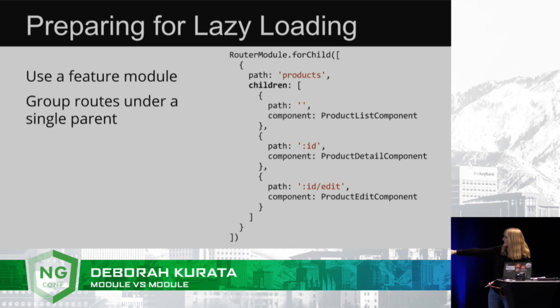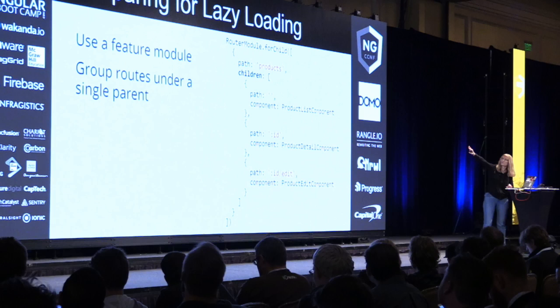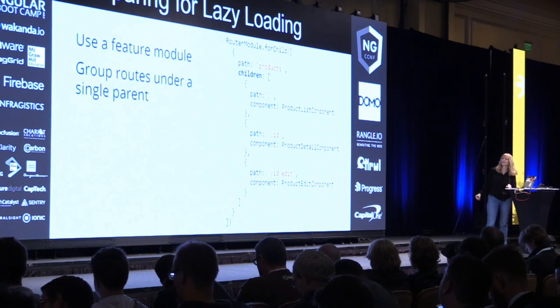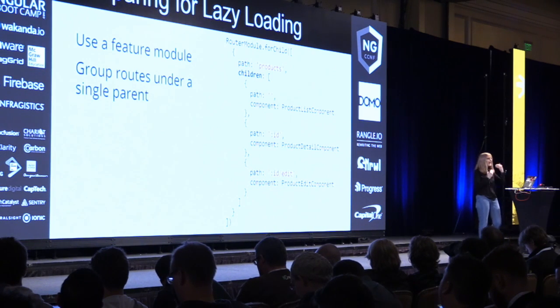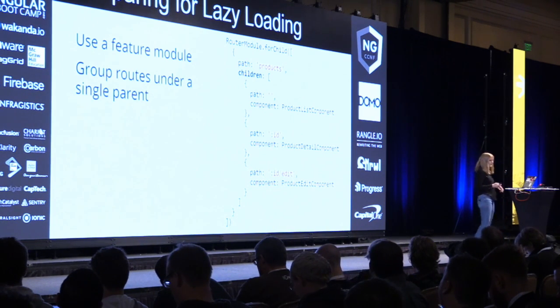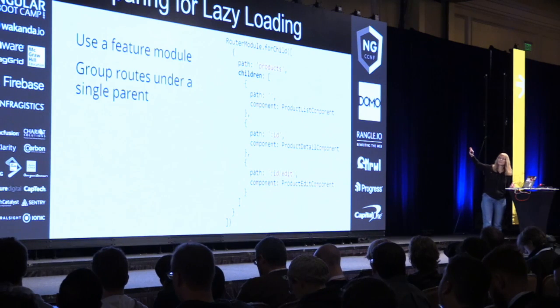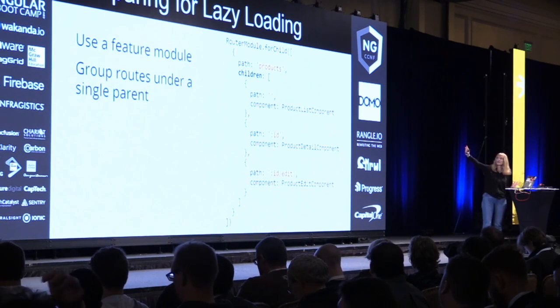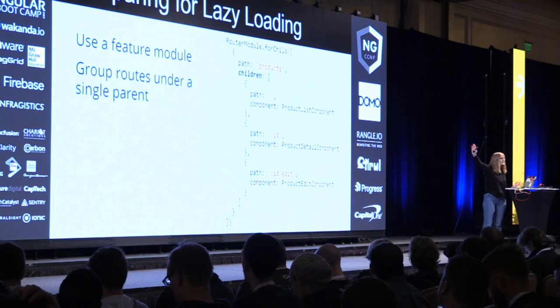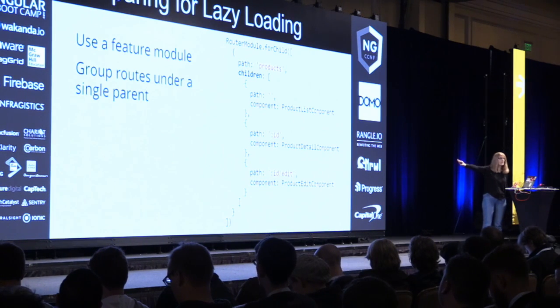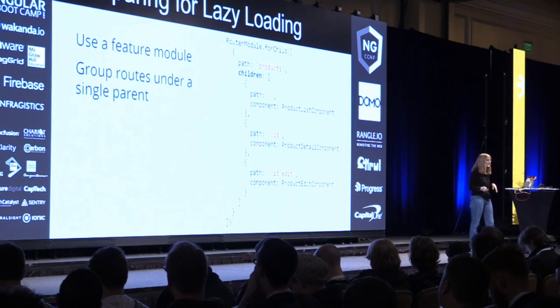And then product edit, I added an edit feature on there to have one more here, and so on. So what we're going to do when we lazy load is we first need to set this up so that these are children of a single route. Then we're going to take those two statements, that path and that children property, out, and put them somewhere else. Those are considered a componentless parent route because it doesn't have a component associated with it. The component is always associated with the children instead.